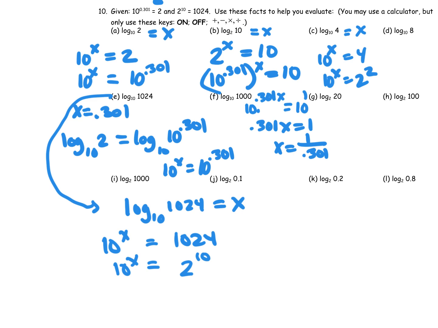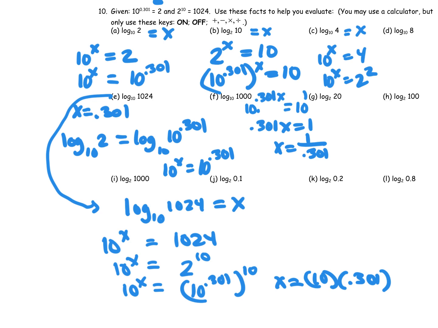And then I can, once again, plug in what 2 is. That is the other piece of given information. 2 is, remember, 10 to the 0.301 to the 10th. So x is going to be 10 times 0.301. So try those problems. See what you can do with the rest of those.